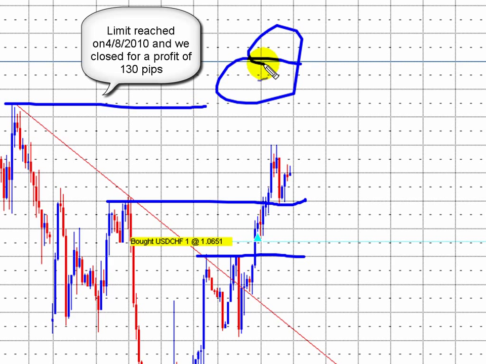Now, as you are progressing, and if you are in front of the computer watching the trades occur and watching the charts, you don't necessarily have to wait for your entire limit. If you are not comfortable, if you want to capture your pips and close the trade out, feel free to do so. Especially there might be some price hesitation at this particular price point.